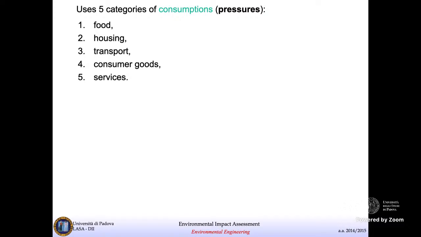Classically, the ecological footprint uses 5 categories of consumption. Nowadays, we call these pressures. First one is food production, housing providing, transport providing, consumer goods, and services in general. Then consider 7 environmental components. Nowadays, you are expert and you know very well what we mean by environmental components.